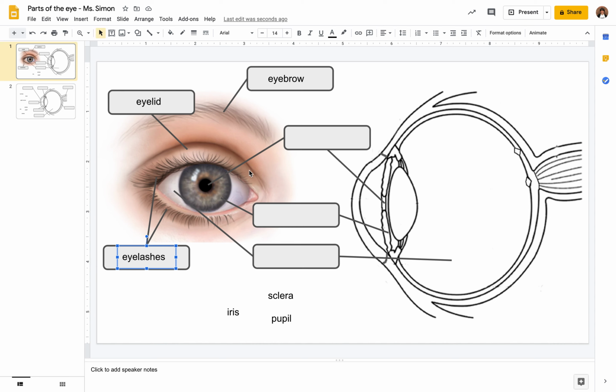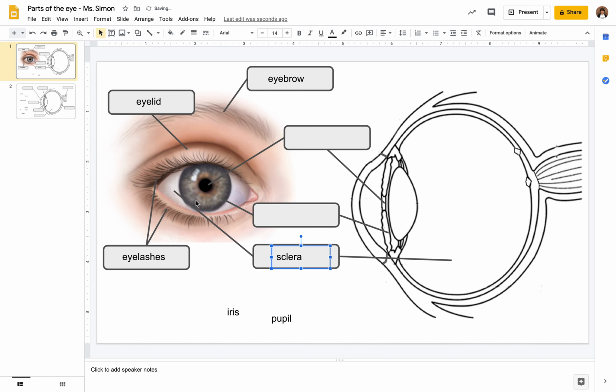So then the next three parts I want to label both on the picture of the eye and on the diagram of the eye. So you'll see that our last three boxes have lines going both to the picture and to the diagram. So this white part of the eye, the white vitreous, they call it, part of the eye, that's what we call the sclera.